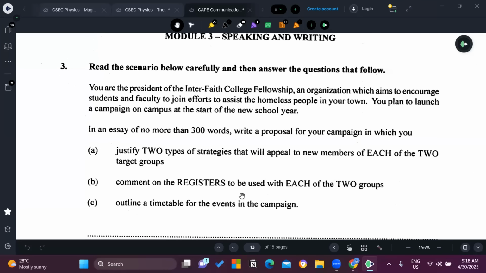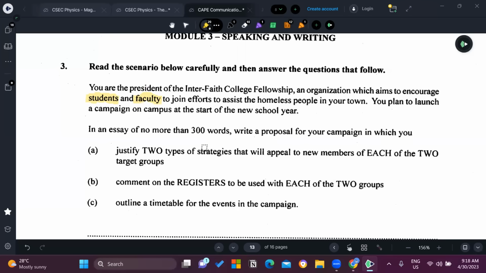All right, so first things first, the two target groups are, of course, students and faculty, right? So you don't really have to think much about that. So we've identified the 2 target groups.